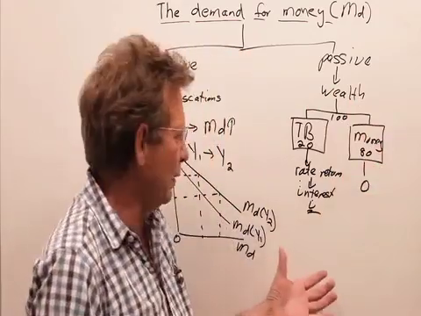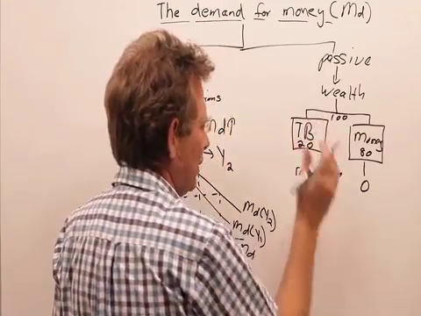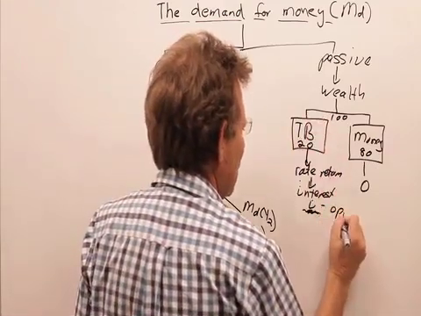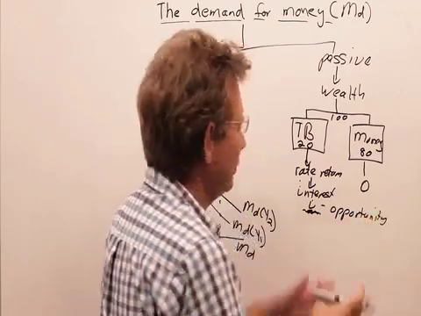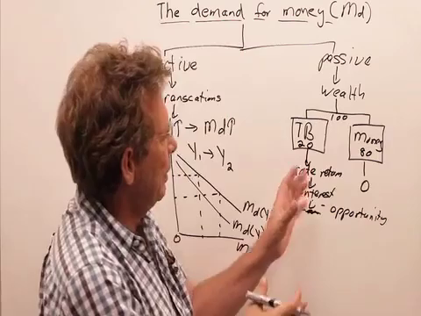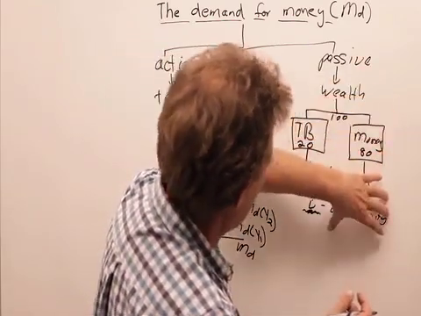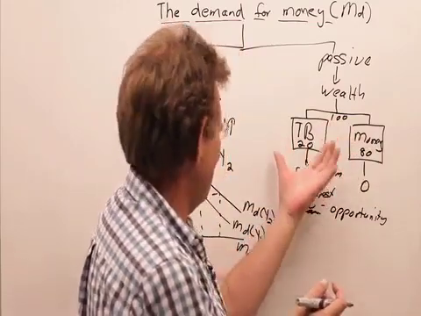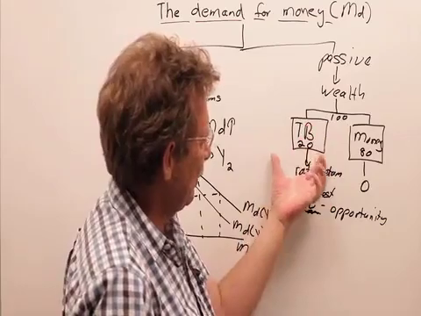So what we're saying is the interest rate that you can earn on your treasury bills is the opportunity cost for not holding money. So if you keep money, then your opportunity cost is the rate of return that you give up if you're not holding your treasury bills.